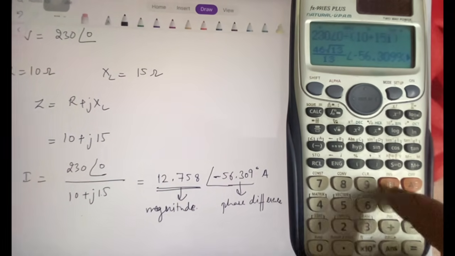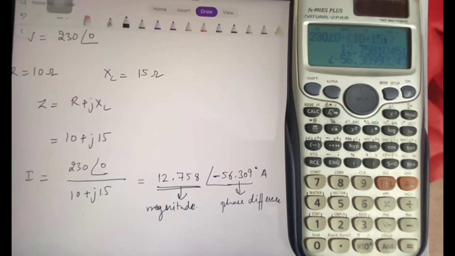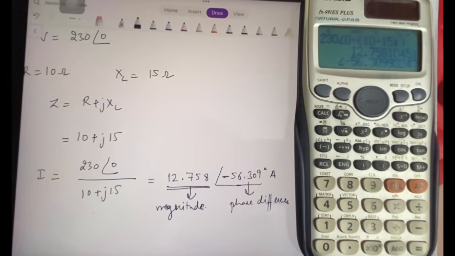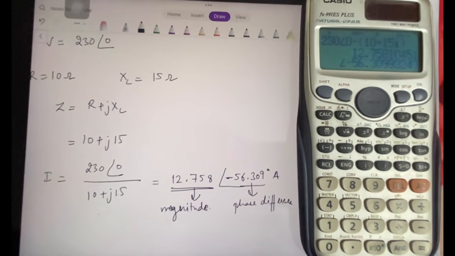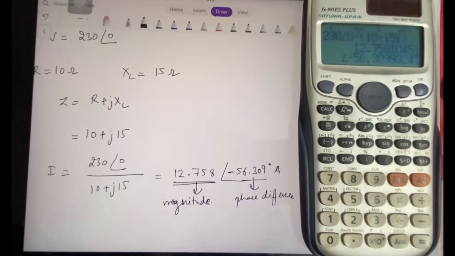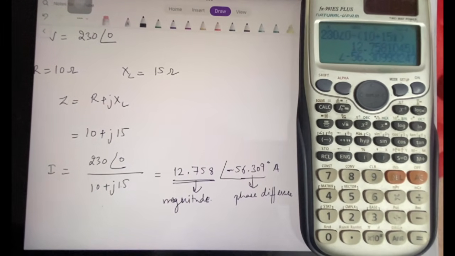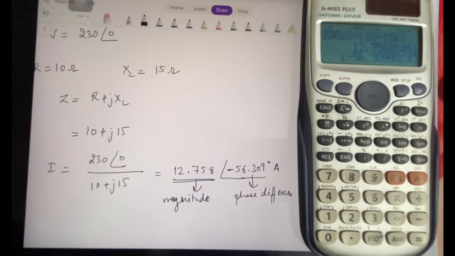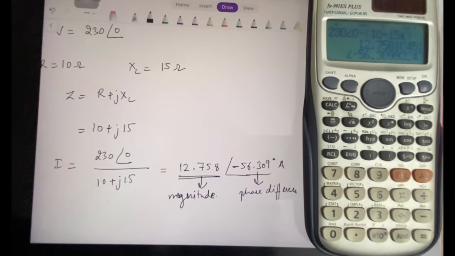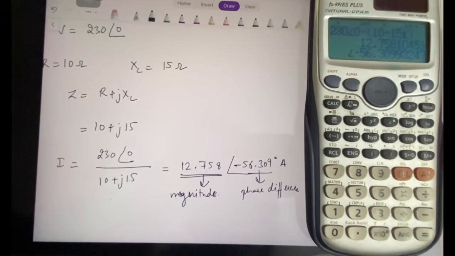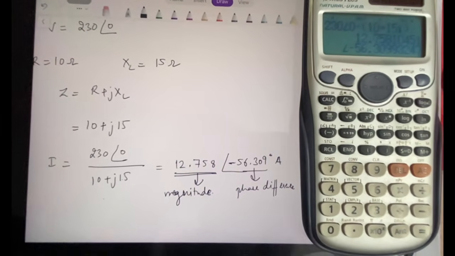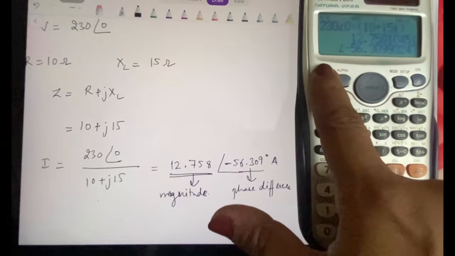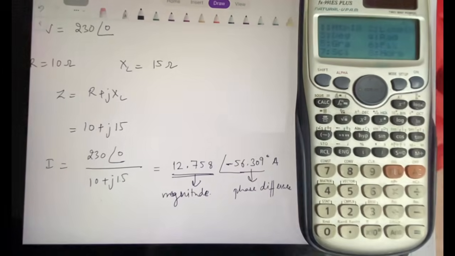Now the answer is in R angle theta form in this calculator since it's already selected. You might come across a case when you are getting the answer in the form of A plus B iota. In that case you have to select from the calculator in which form you want the answer. Now how to select that? For that, press shift, then setup.